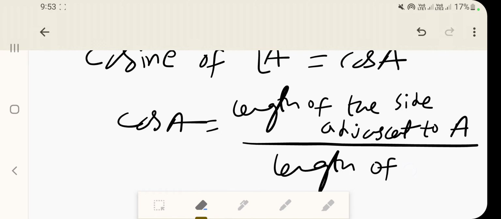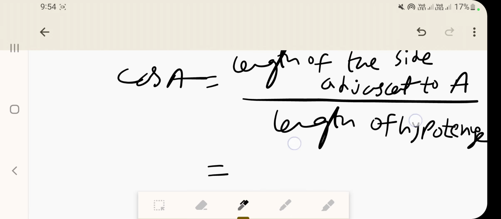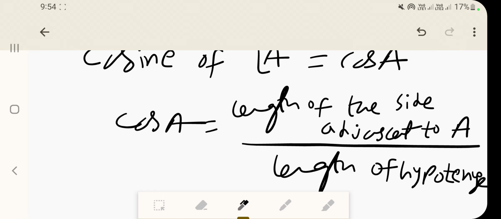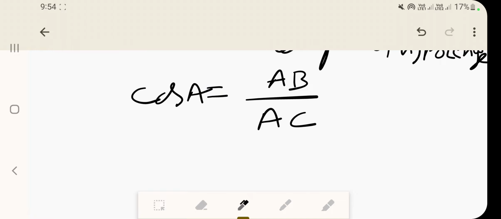The spelling you have to be careful: HYPOTENUSE. The adjacent side here, which I am darkening, is AB, divided by the length of the hypotenuse, which is AC. So cos A is nothing but AB by AC.